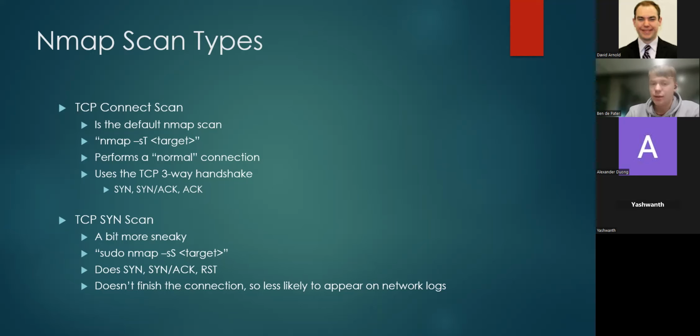So I can say, okay, this port's online. However, I will not finish the connection. I'm instead going to send a reset packet, or an RST packet, which basically resets the connection. It means that the connection doesn't actually happen, and so it's a little less likely to appear on the network log.